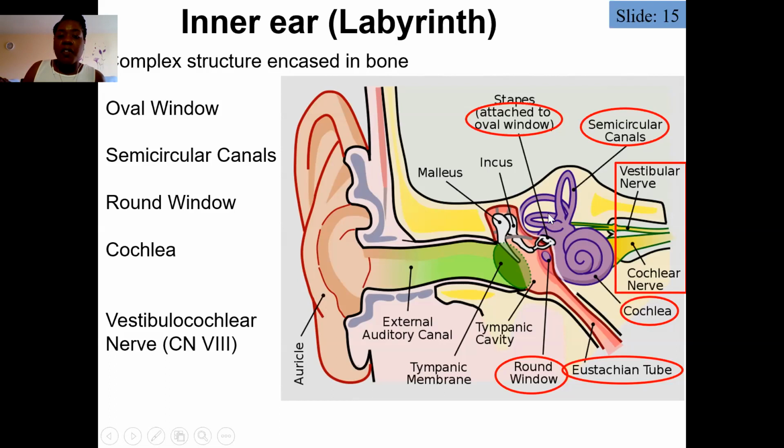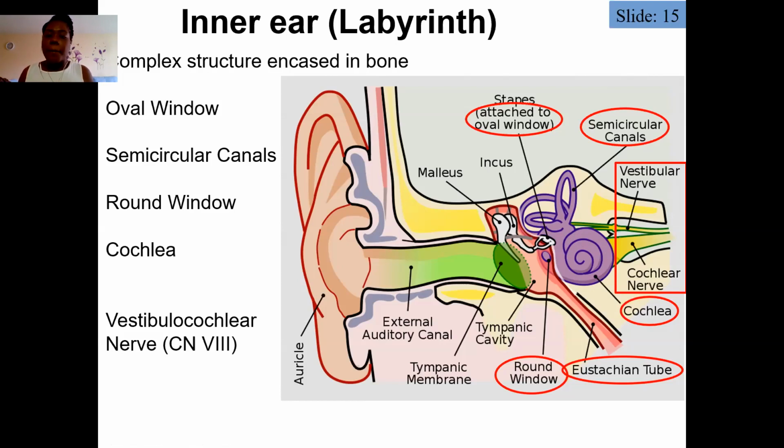We've got the vestibule, at the base of the labyrinth. And then we've got the cochlea. The cochlea, this snail or shell-like structure, is responsible for the perception of sound, whereas the semicircular canals and the vestibule are responsible for our vestibular function and our balance.